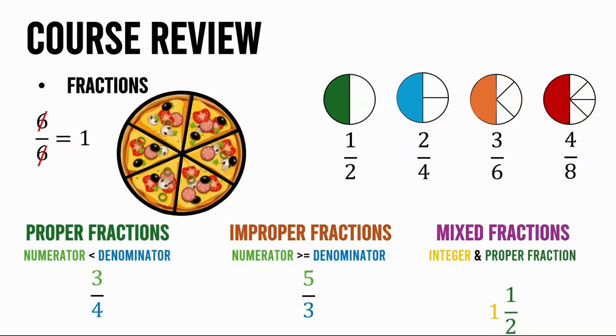The numerator, the number above the line, over the denominator, the number below the line. Here we have the types of fractions: proper, improper, and mixed. Equivalent fractions show the same value using different numbers. For example, all of these fractions here correspond to the value of 1/2.